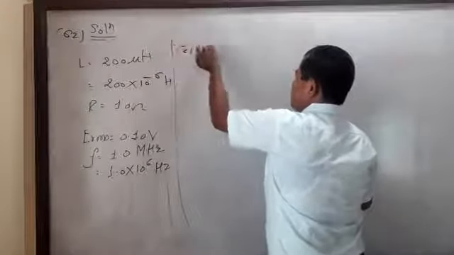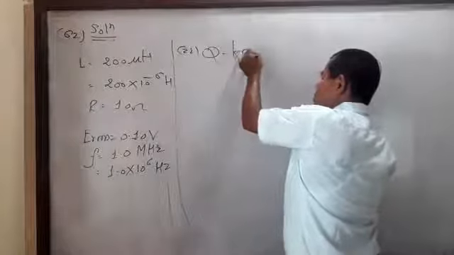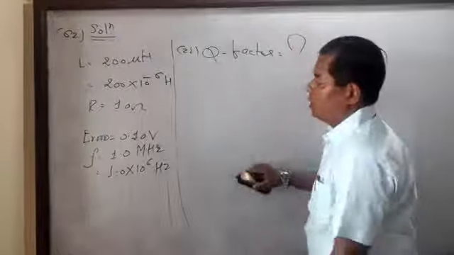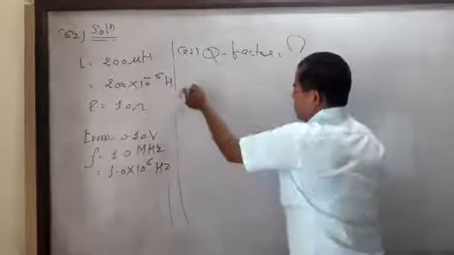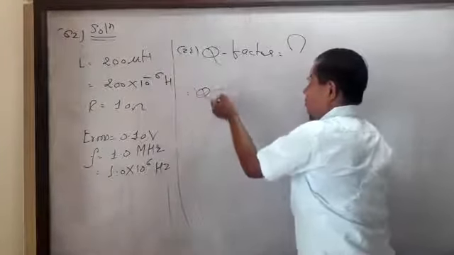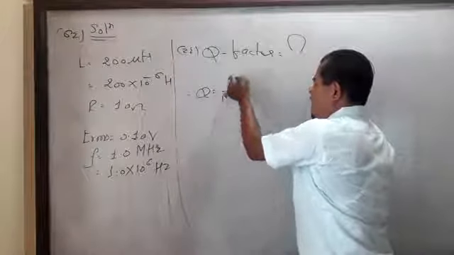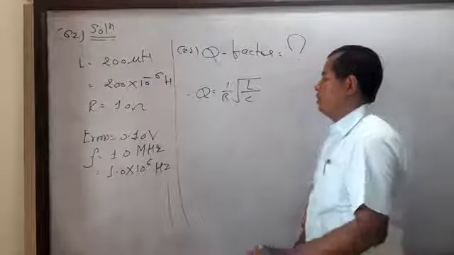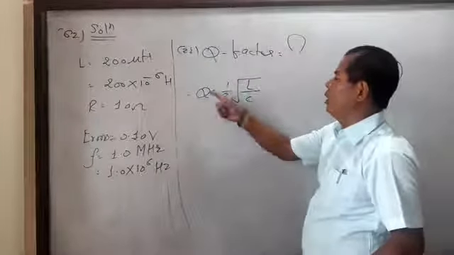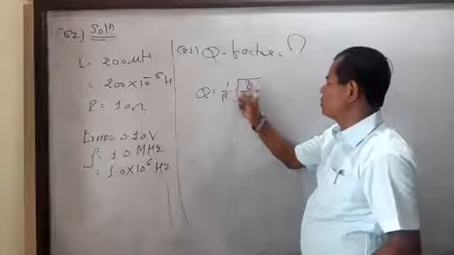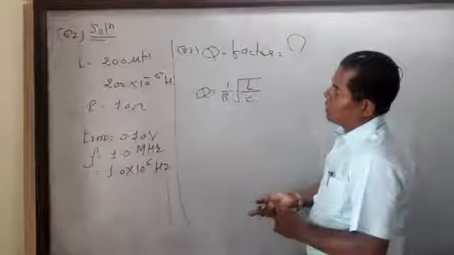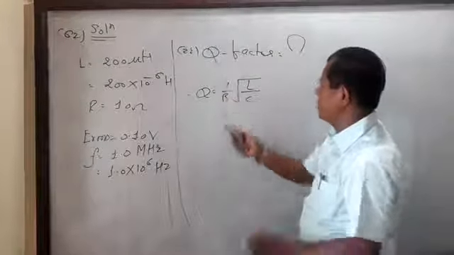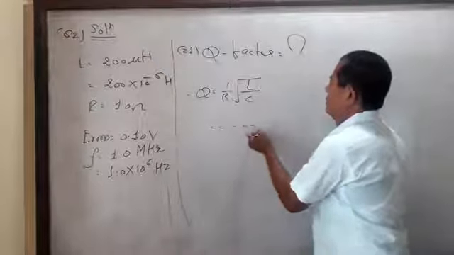We know that the Q factor is equal to 1 by R times root under L by C. This is the formula of quality factor. Here R is given to us, L is well known, and C is already determined. Then use this equation.